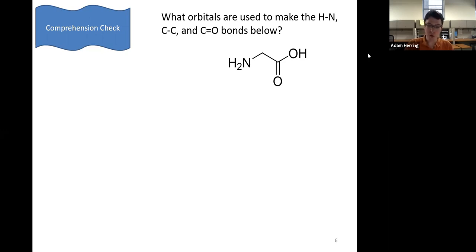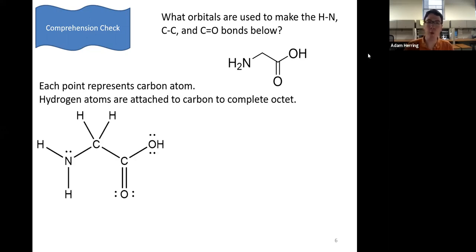So the first thing to do is to remember that each point represents a carbon atom. Each of those represent carbon atoms. These are indicating that we have reached the end and we're attached to whatever other atom is there. So we have nitrogen, oxygen, and oxygen that are attached on those ends.